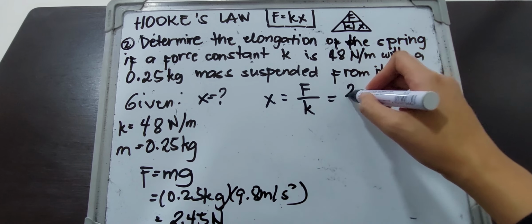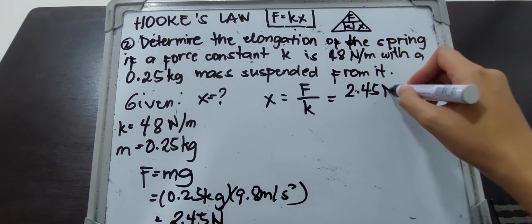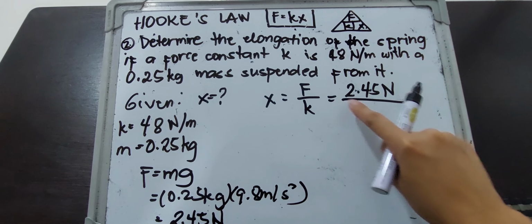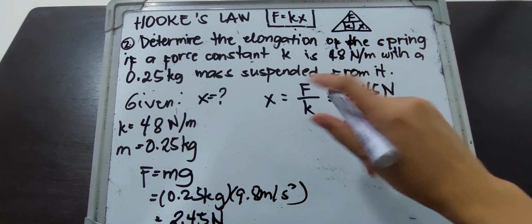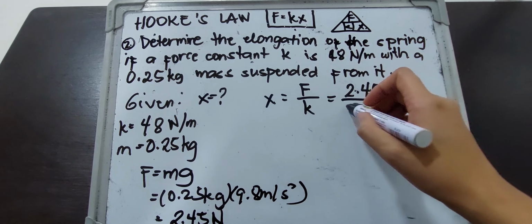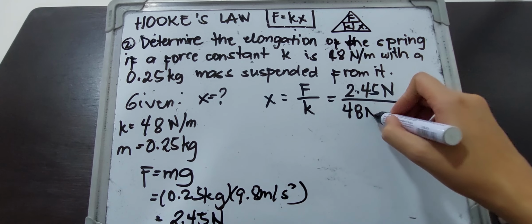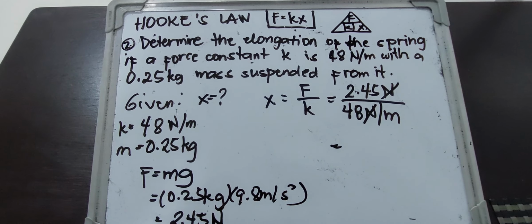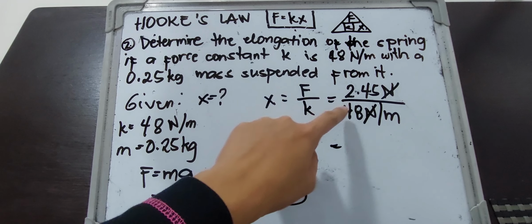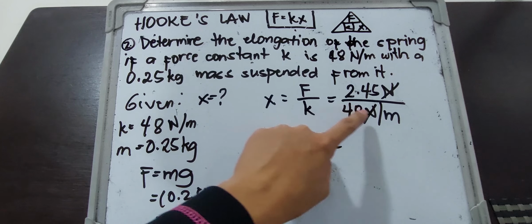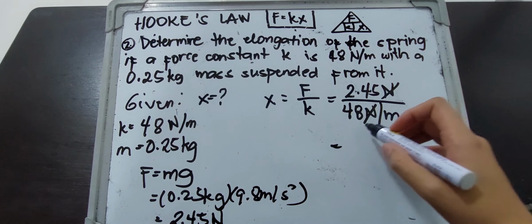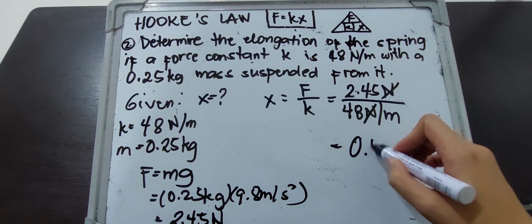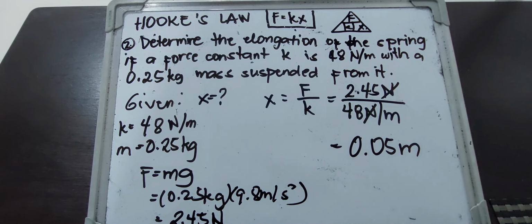So, we already have the value of F. So, substitute natin 2.45 newtons divided by the elongation or springs constant 48 newtons per meter. So, cancel natin yung force. So, 2.45 divided by 48 newtons per meter, our answer is 0.05 meters.